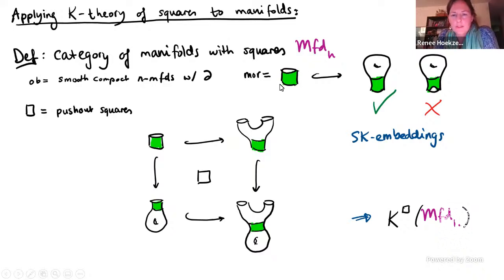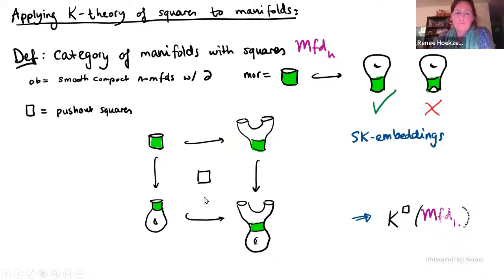What SK embeddings do is that every boundary component of the domain is sent either entirely to the interior or entirely to the boundary. And to the interior transversally, with a normal bundle, so that we don't have examples where we hit a piece of the boundary but then go off it again. And then the squares in this category of squares are push-out squares. So not all push-outs exist in manifolds, but I just take the squares that are push-outs.